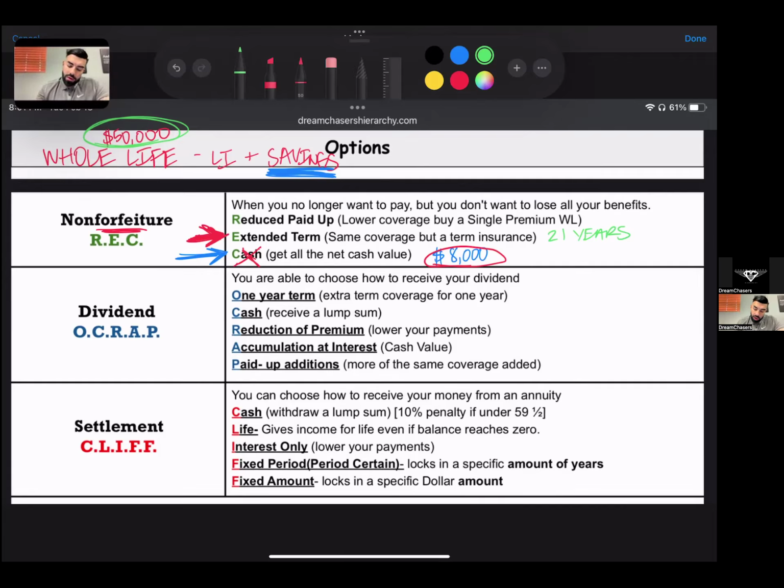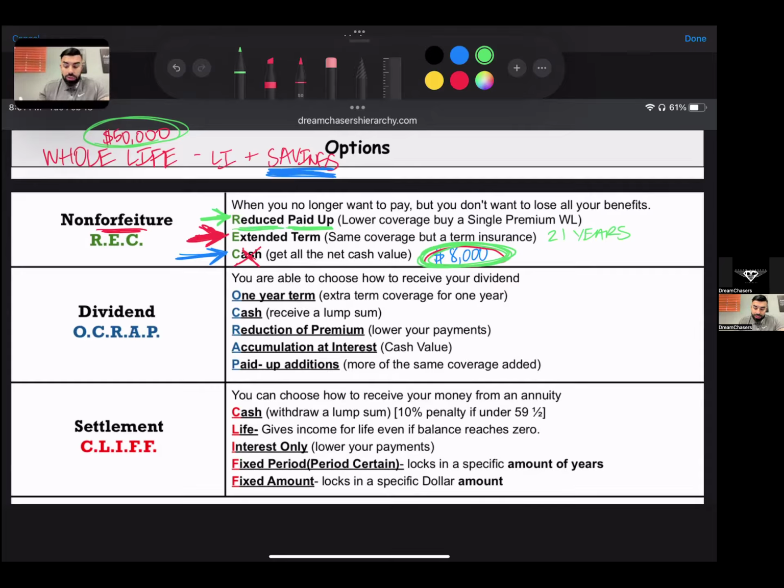Now, the third and last option is the reduced paid up option. The reduced paid up option is where you're going to take the same $8,000 and purchase a paid up policy. So it's another whole life policy that's paid up, meaning you don't have to continue paying for it monthly, but it's reduced.